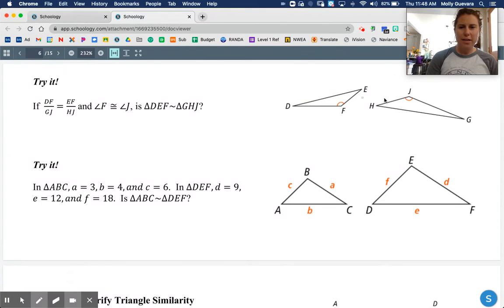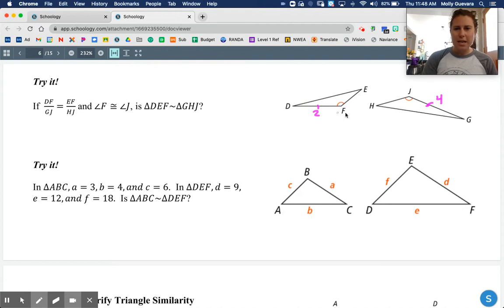Okay, so let's look at the first. It's saying DF and GJ, D to F and G to H, G to J are proportional. For example, this could be 2 and this could be 4.